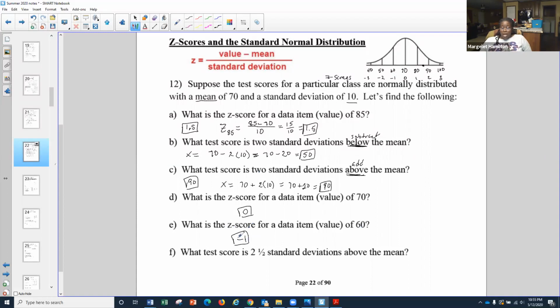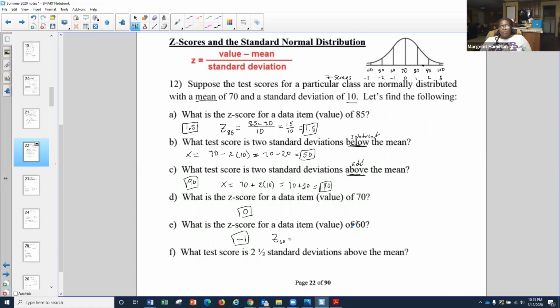Right? Remember again, we can use our formula for z-scores just to make sure that we're okay. Looking at what they're giving us, they're asking us for the z-score for 60, right?